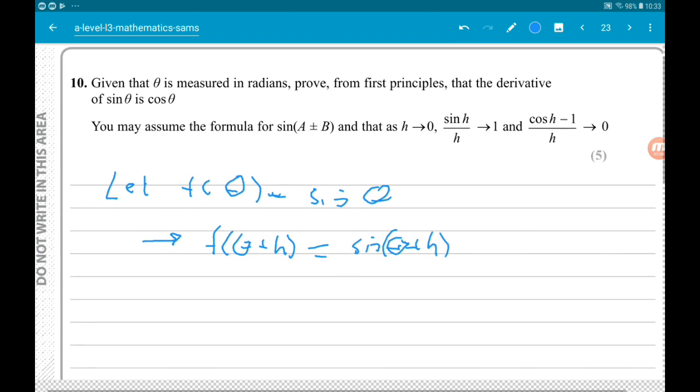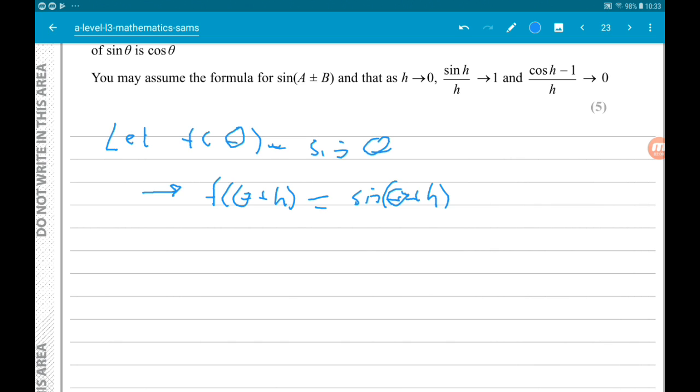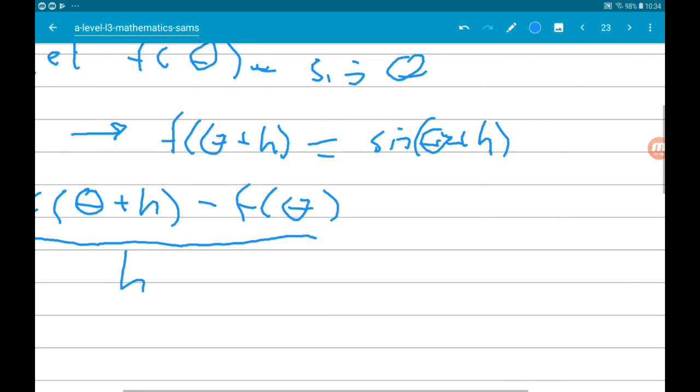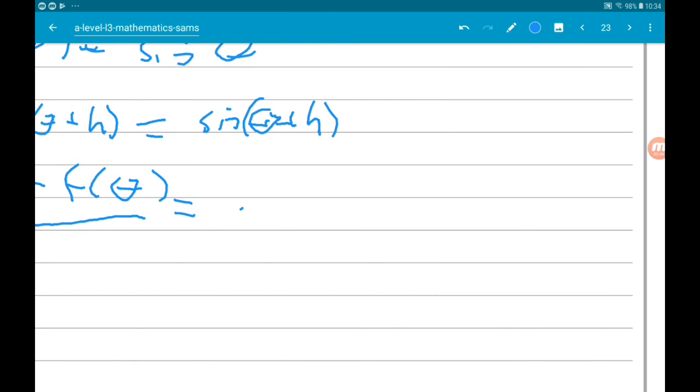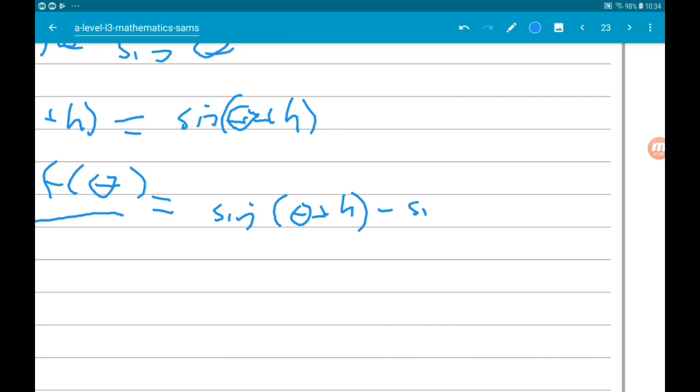So I'm now going to say then that f of theta plus h minus f of theta all over h is equal to sine of theta plus h minus sine of theta all over h.